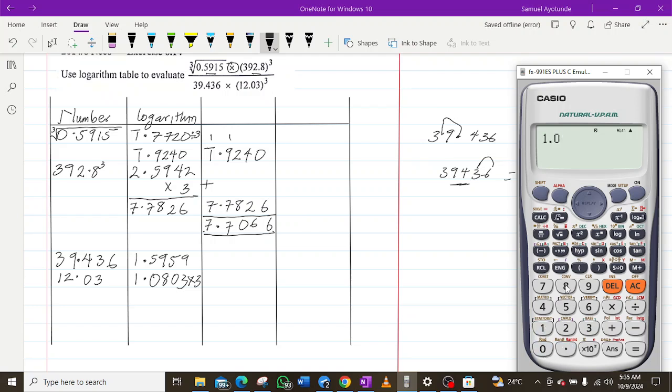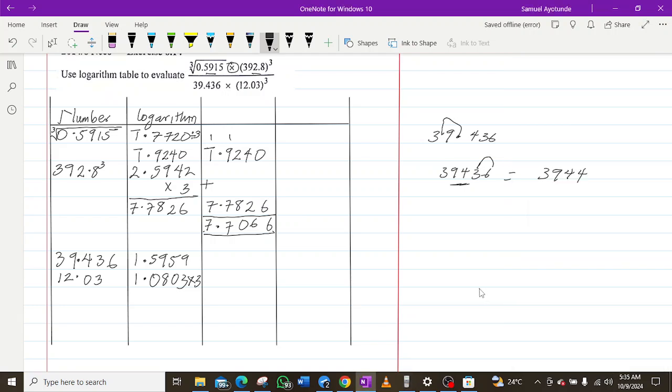But whenever there is a bar, we don't use the calculator. So we are multiplying this by 3. We have 3.2409. So the answer here is 3.2409.